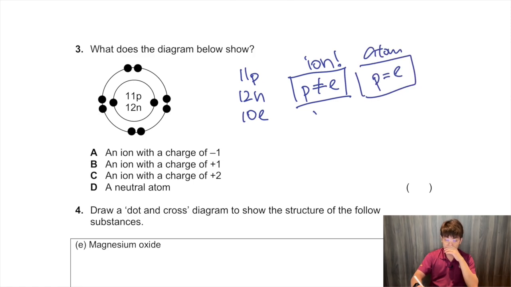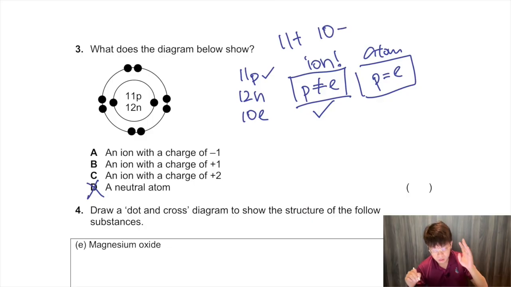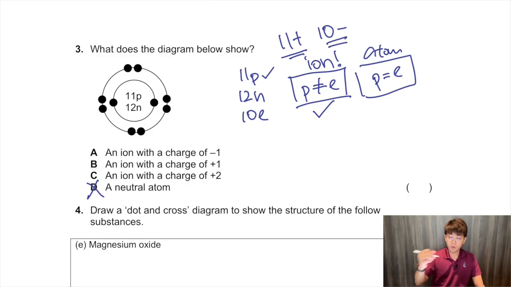So this one is an ion, so it cannot be D. There are 11P, so 11 plus, and 10E, that is 10 minus. That means there are more pluses than minuses, so overall it is a 1 plus. Therefore the answer is B.